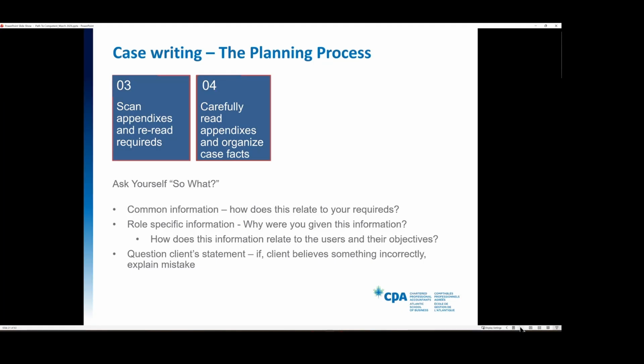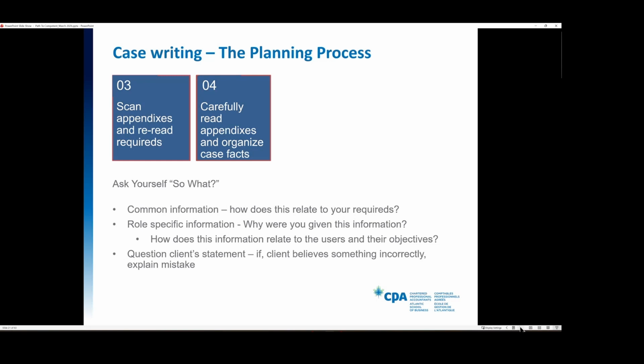When you're given information, look at it and ask yourself, why was I given that? When it comes to the common information, ask yourself, does that information relate to my required? If it doesn't, it's not something you need to include in your outline.